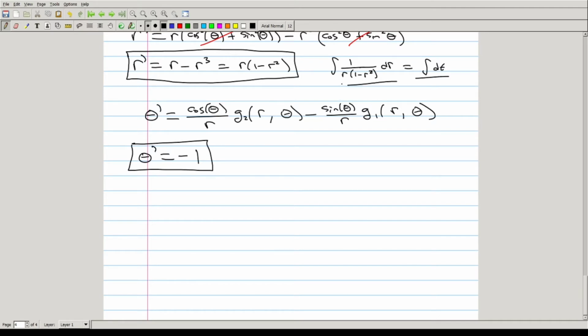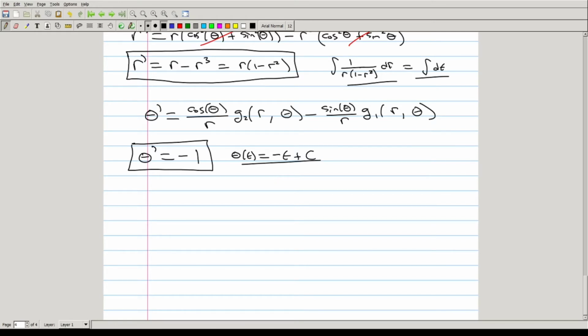And you can go through and solve for r as a function of t, and likewise theta as a function of t. It's just going to be negative t plus some constant c, which is the initial angle.